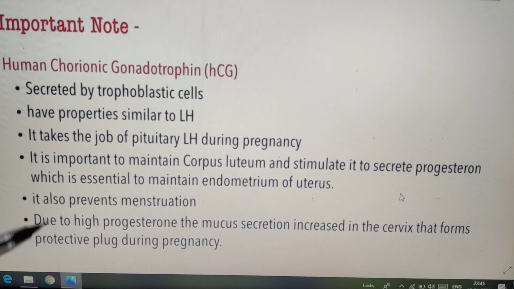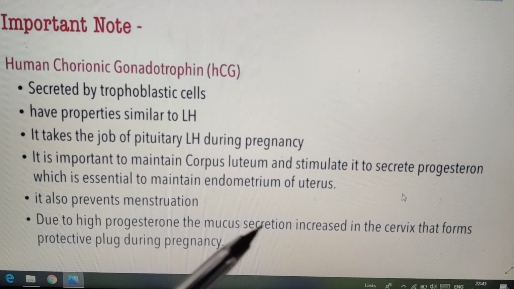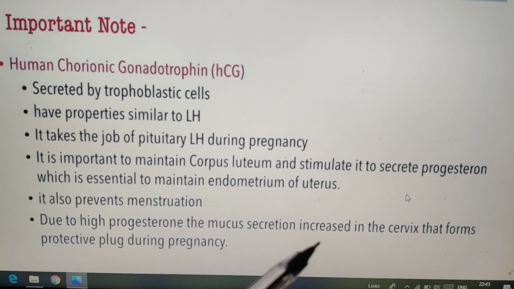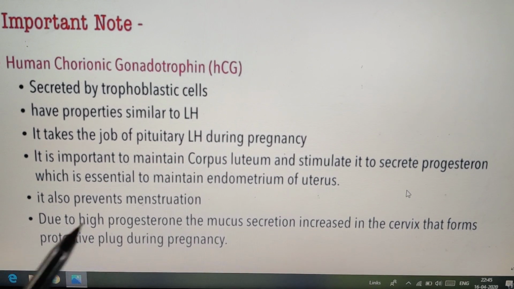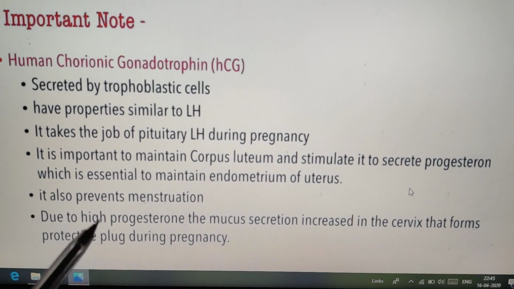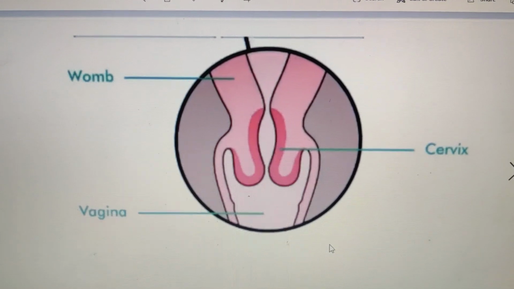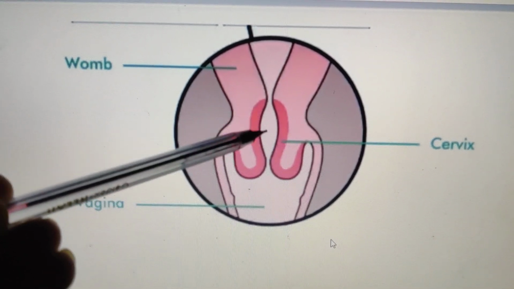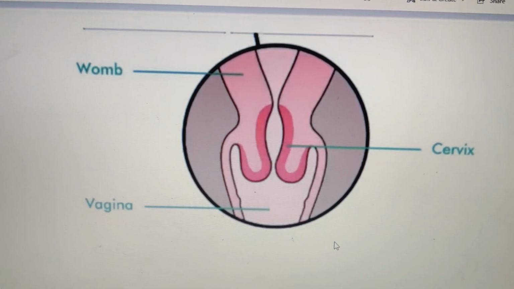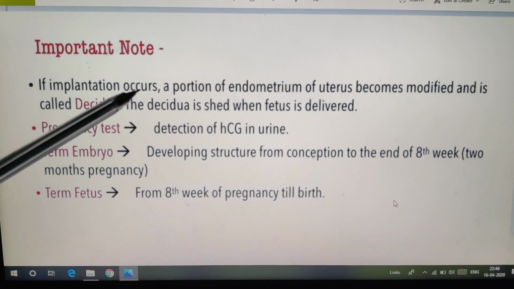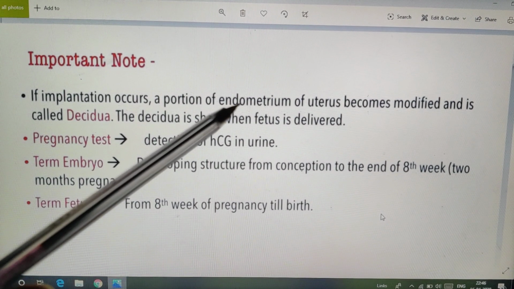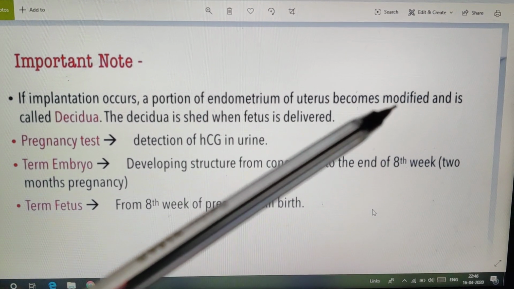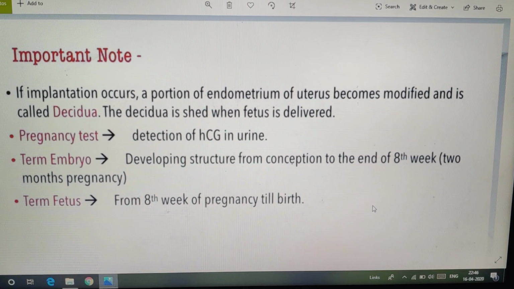Due to high progesterone, the mucus secretion increases in the cervix and it forms a protective plug. Means due to heavy secretion, here at this point the plug is formed in this region. If the implantation occurs, a portion of the endometrium of uterus becomes modified and it is called the decidua.